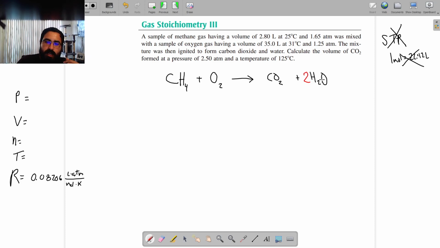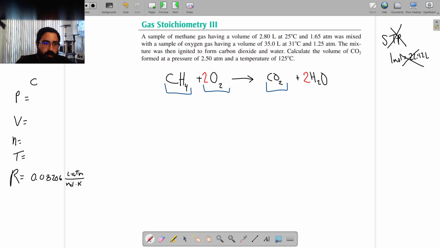So let's put a little 2 here to double this up. That gave us 4 H's, which is good. But our O's, now we have 2 O's here, plus these 2, we have a total of 4. So we put a 2 here, so we have a total of 4 O's. All right, let's go on. They mentioned 3 gases: methane, carbon dioxide, and O2. They gave us a list of information for methane.